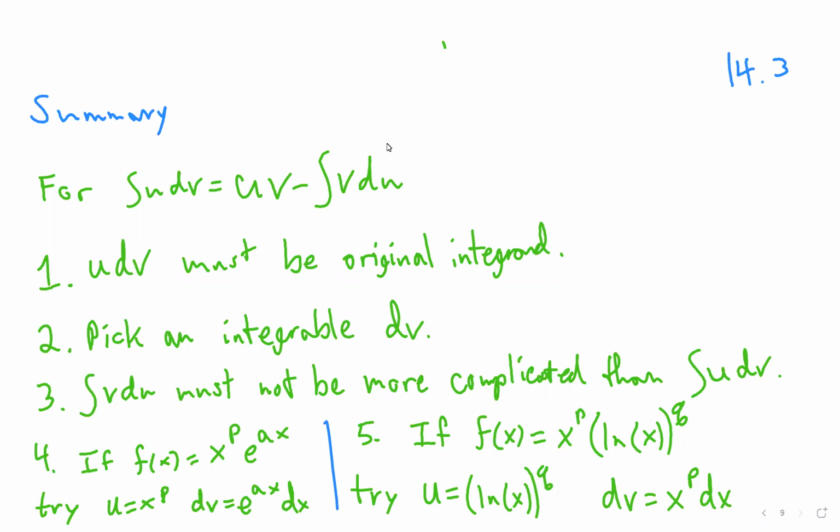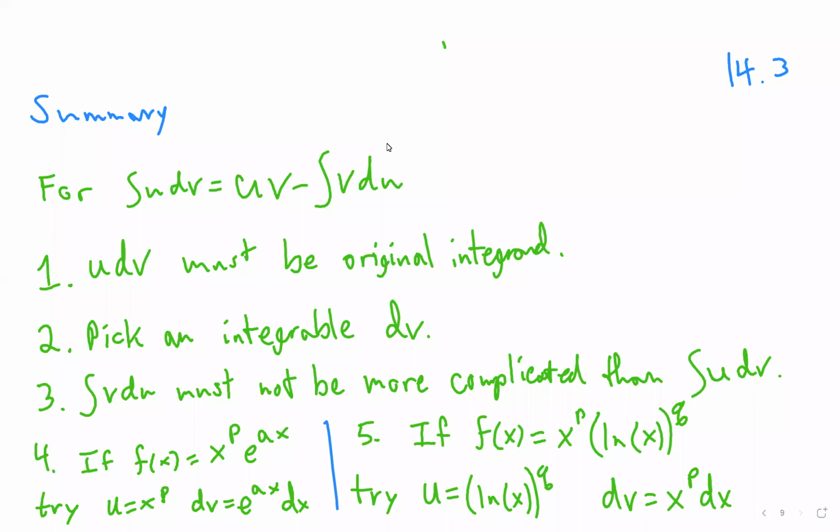Particular examples which can be used in order to simplify things are if you have f of x equal to x to the p e to the ax, then you can take u and set it equal to x to the p, and dv equal to e to the ax times dx. This allows you to integrate this and reduce the exponent of that x to the p for the next step by 1.